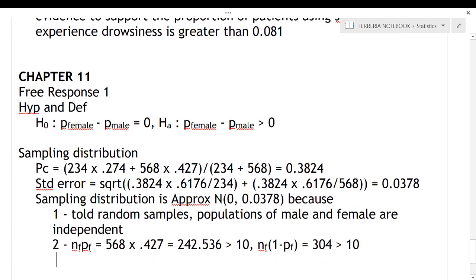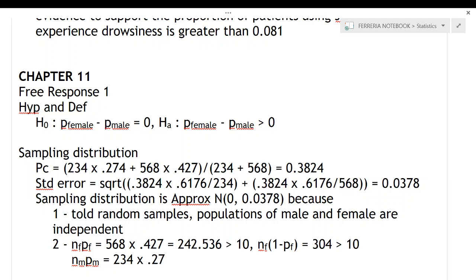We'll do the same thing for the male population. nM pM is equal to 234 times 0.274, which is 64.11. That's greater than 10.